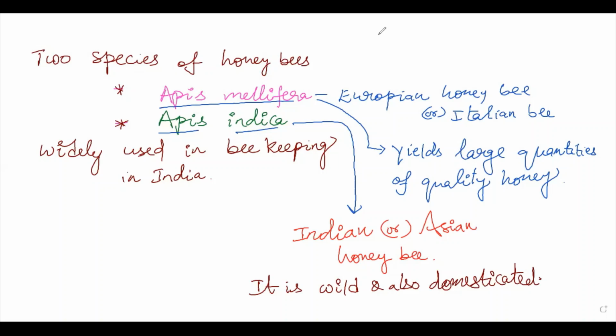When we take a colony of honeybees, a bee colony includes three types of castes.